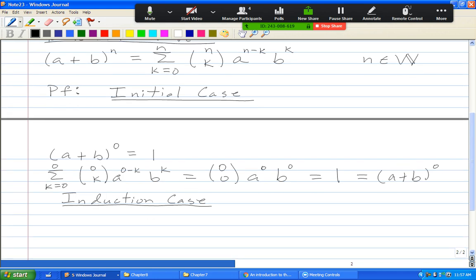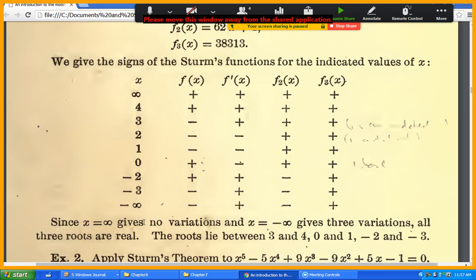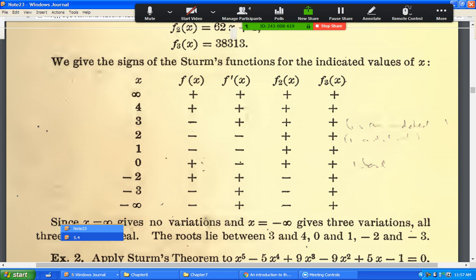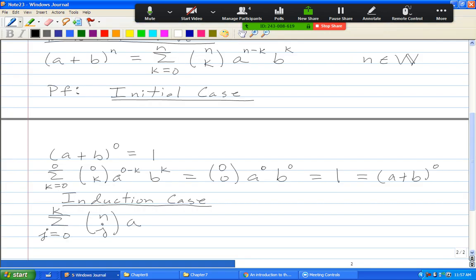Okay, so assume that the formula works for the sum j equaling 0 to k of n choose j a to the n minus j b to the j.